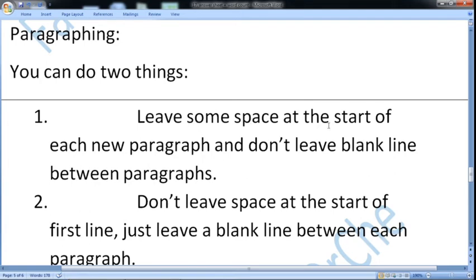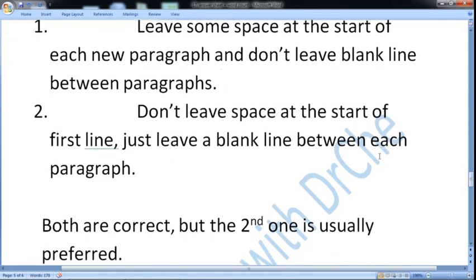So leave some space at the start of the first line of each new paragraph, and don't leave a blank line between paragraphs. This is the first method, and it is a bit old. Both are correct, but the second one is better: don't leave space at the start of the first line of each new paragraph, just leave a blank line between each paragraph.